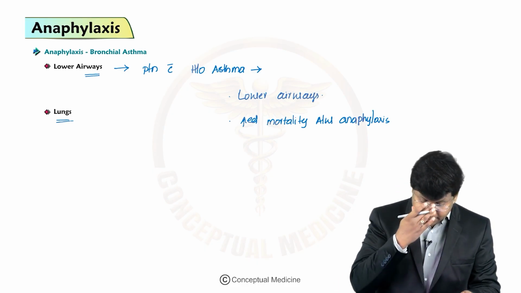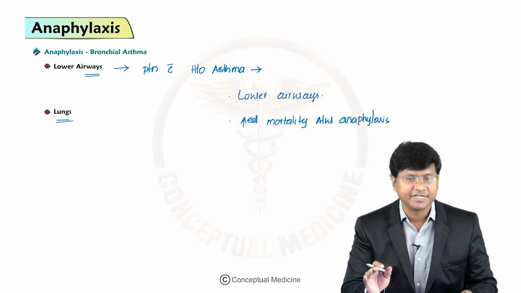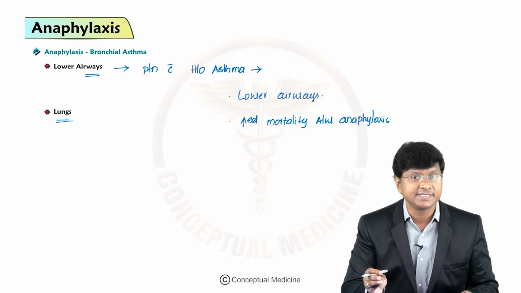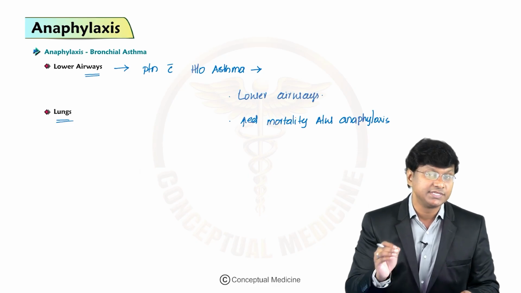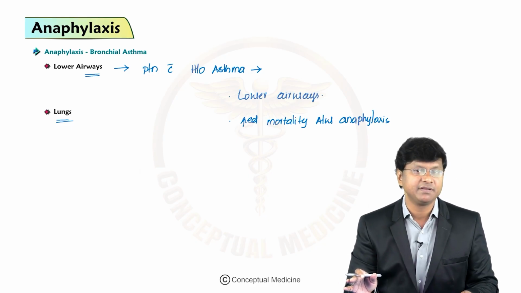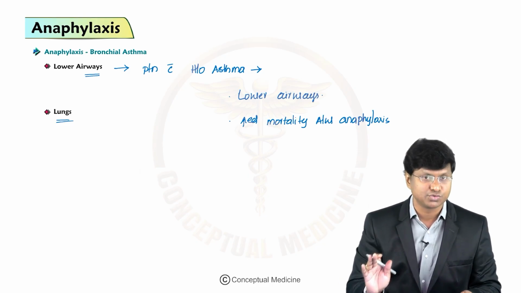Then you take the lung involvement, that is the same respiratory tract involvement. In fatal cases with clinical bronchial obstruction, the lungs show marked hyperinflation on gross and microscopic examination.